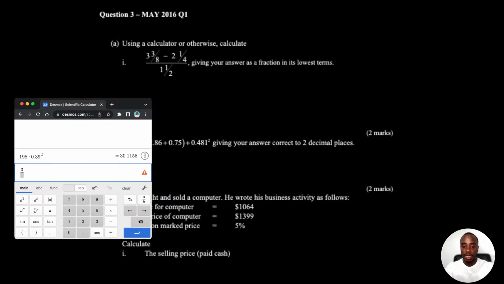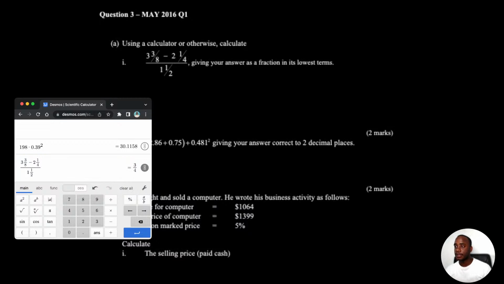Up at the top, I'm going to have 3 3/8, minus 2 1/4. And all of that is going to be divided by 1.5. So again, I just put that into the calculator, and it gives me 0.75. And when I change it to a fraction, it's 3/4.